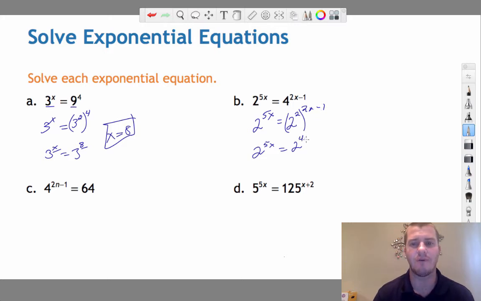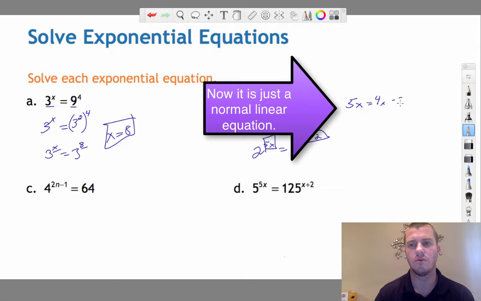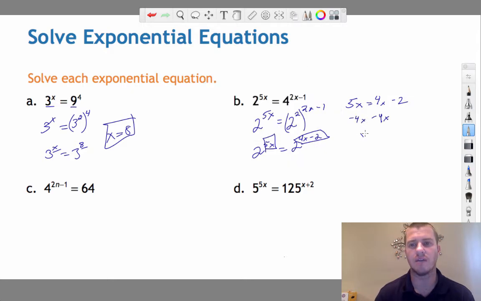So it's going to become 4x minus 2. And so now the bases are the same, so now I can set these exponents equal to each other. So I have 5x is equal to 4x minus 2, and subtract 4x, and x is equal to negative 2.